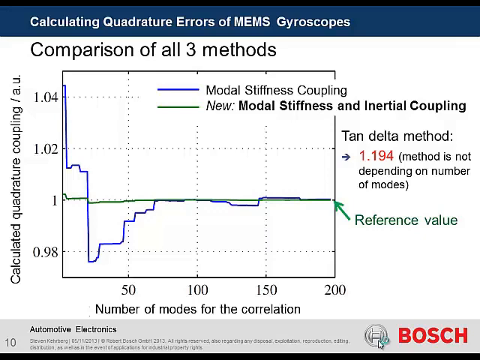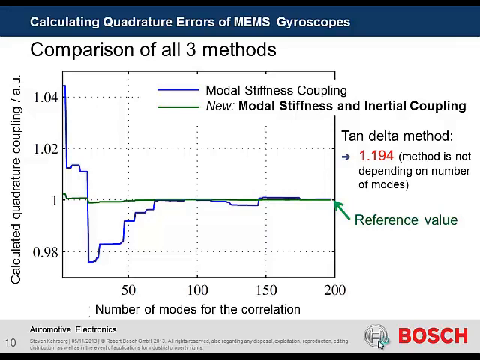So we have to use, let's say, at least 100 eigenmodes. To be more exact, we have to use 150 or 200 eigenmodes. But with the new method, with just using drive and sense eigenmodes, so on the left-hand side of the diagram, we have just below around 0.3% error. So that is quite good, and that is sufficient for our optimization.